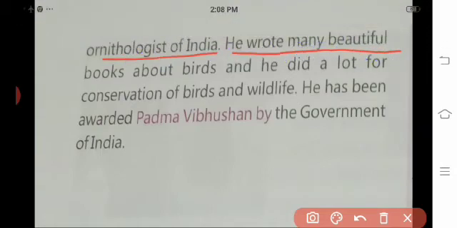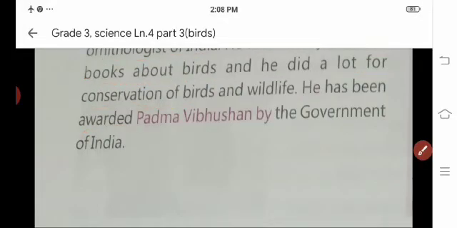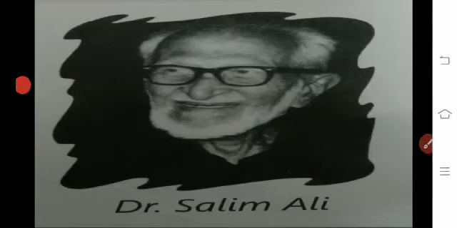He wrote many beautiful books about birds and he did a lot for conservation of birds and wildlife. He has been awarded Padma Bhushan by the government of India. He got an award of Padma Bhushan by the government of India. Who is that? Dr. Salim Ali. Okay, children.